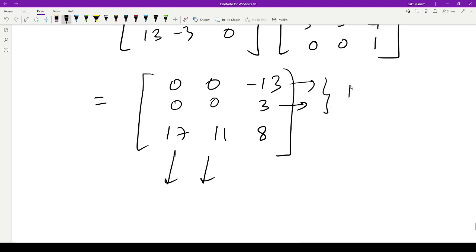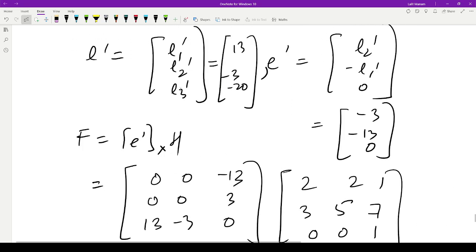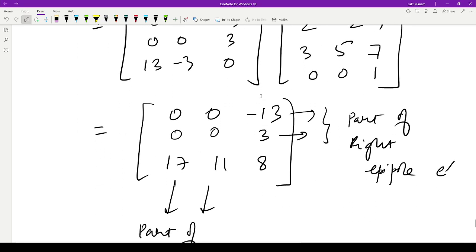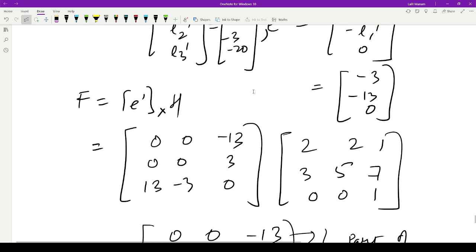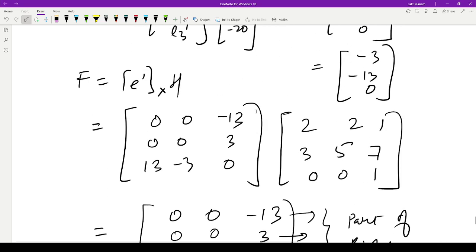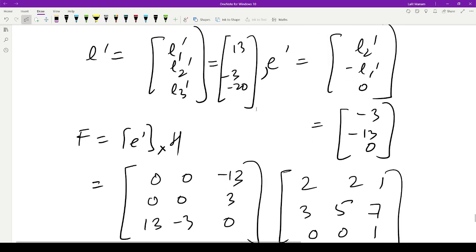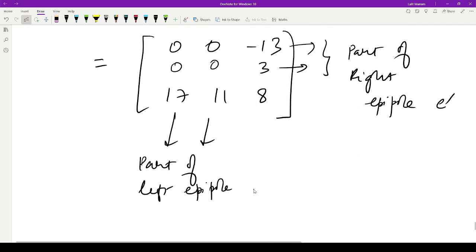So whatever line you see, 13 minus 3, it will just be a scaled version of it, or here it's negative. Okay, I hope this part is clear. Yes, sir. Definitely.